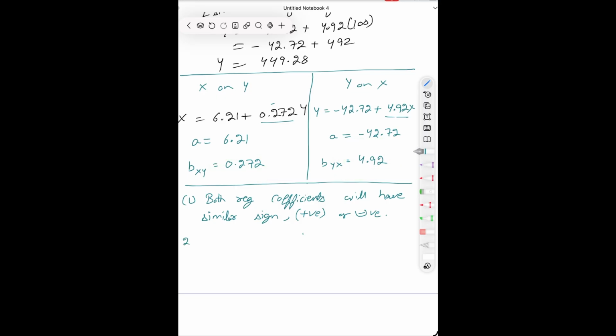Second thing is, both regression coefficients bxy and byx cannot be greater than 1.